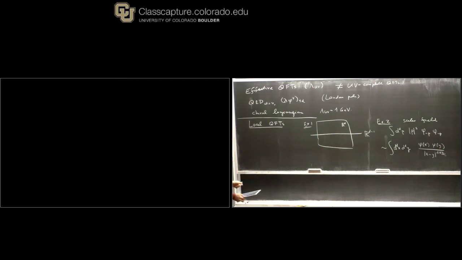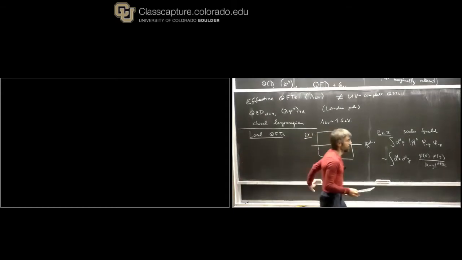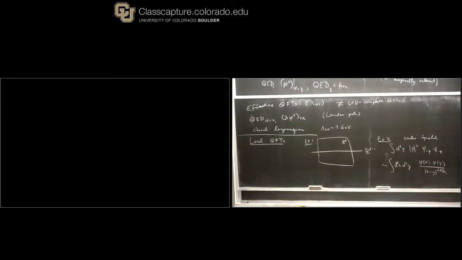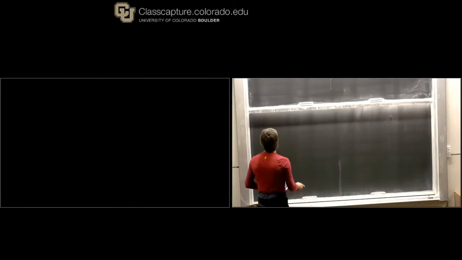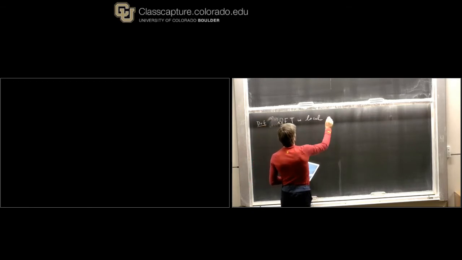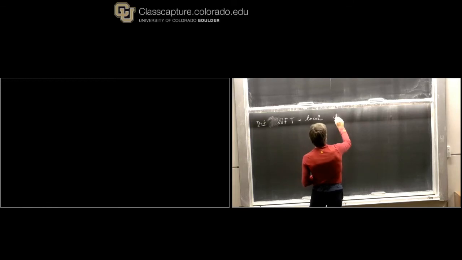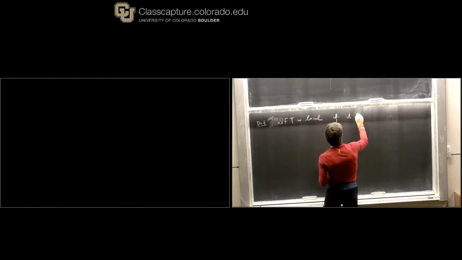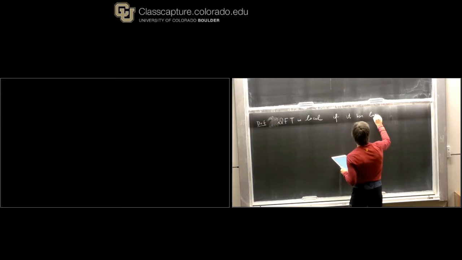So I have to come up with some definition, and the only reasonable definition that I'm aware of, which is sufficiently general for my purposes, is the following. I'm going to define that the theory is local. This is a definition. A QFT is local if it has a local stress tensor.